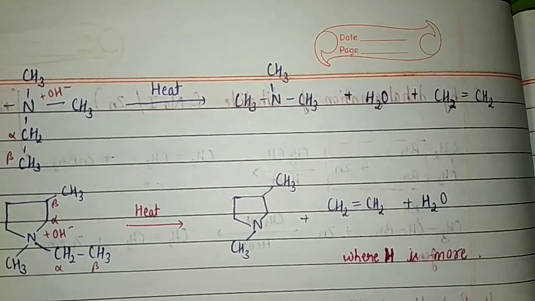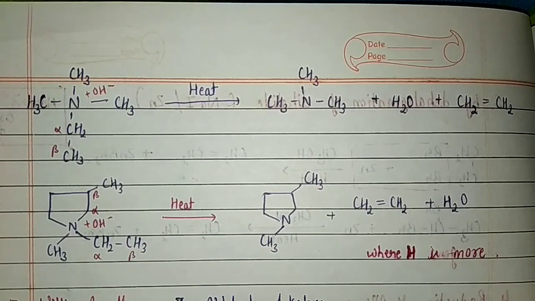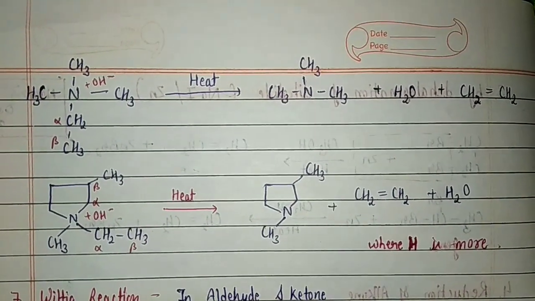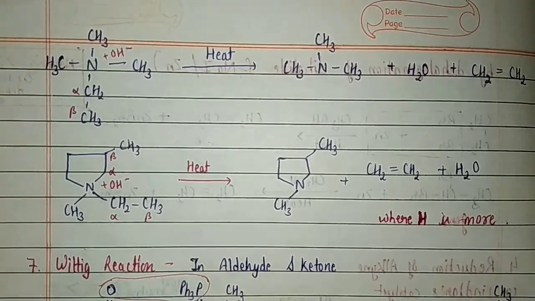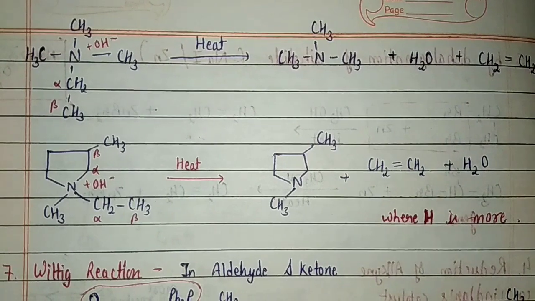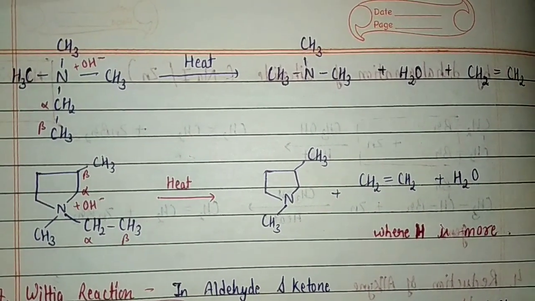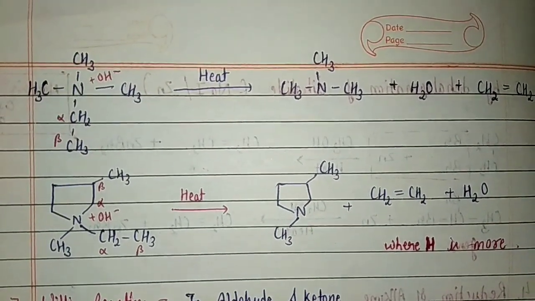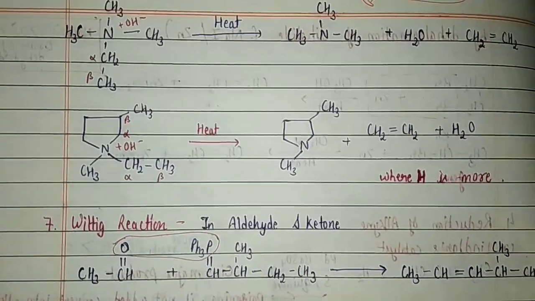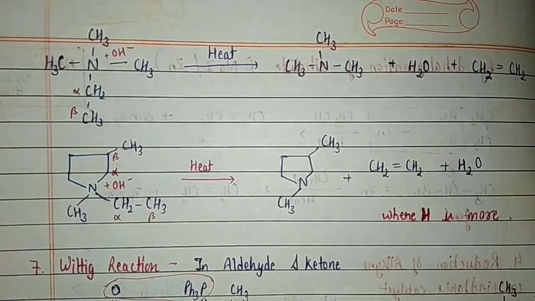The compounds we will get are the water molecule, the alkene, and the trialkyl amine. As before, we have the alpha and beta carbons. They will break down and convert into the alkene and the water molecule, and the remaining nitrogen part will remain the same. The breakdown is from where the more number of hydrogens is present.